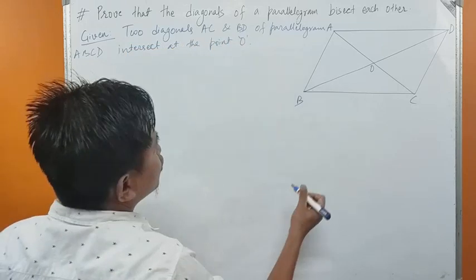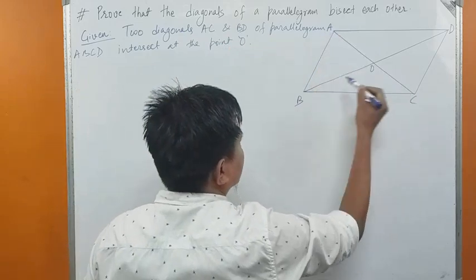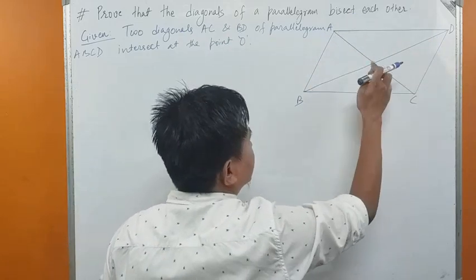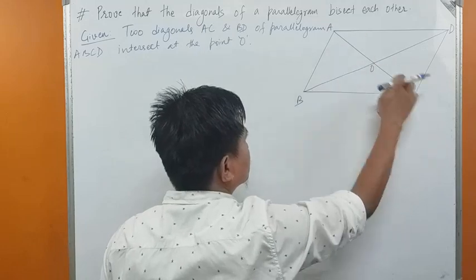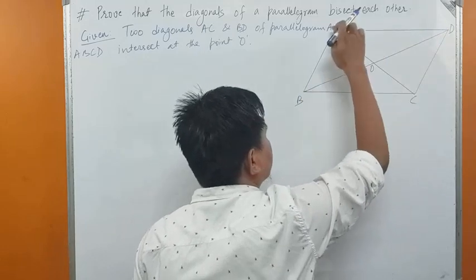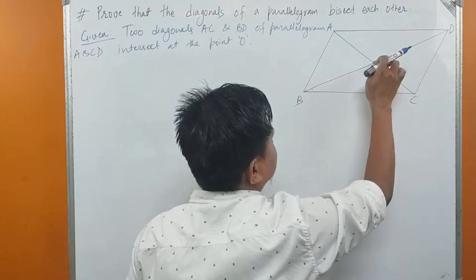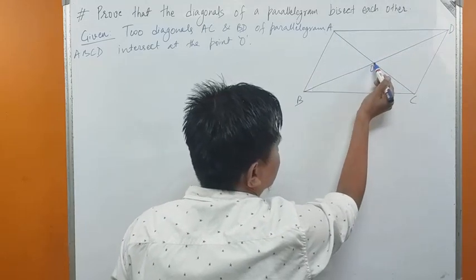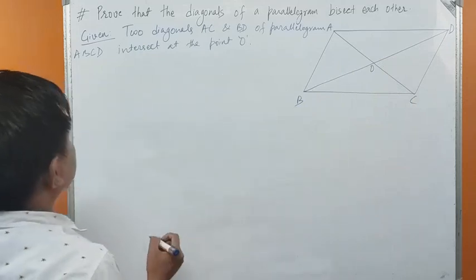These two diagonals AC and BD of parallelogram ABCD intersect at the point O. This diagonal and this diagonal intersect at the point O. This is given to us.